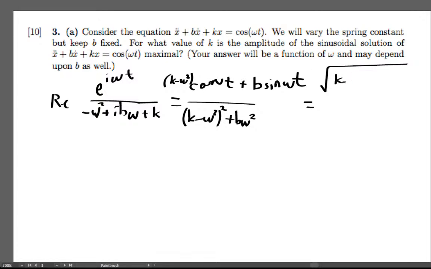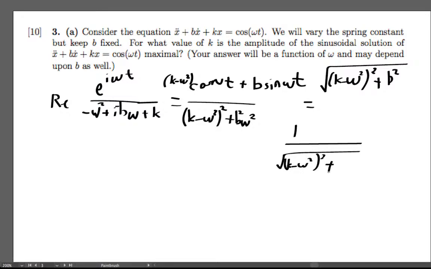k minus omega squared plus b squared, and we have figured this out to be 1 over the square root of k minus omega squared plus b squared omega squared.